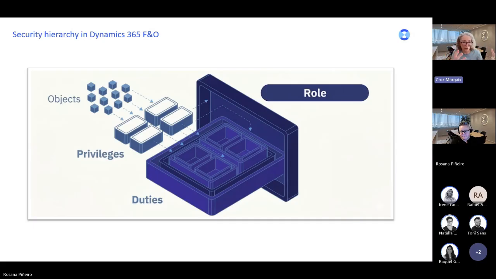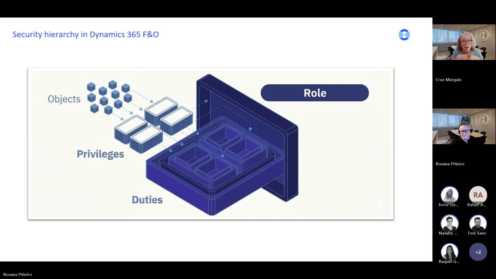As a reminder, security in FNO is organized as a hierarchy where the lowest element is the object, being a form, a report, a process, etc. Objects are grouped into privileges, which are grouped into duties, and then we can have roles, which are groups of duties.